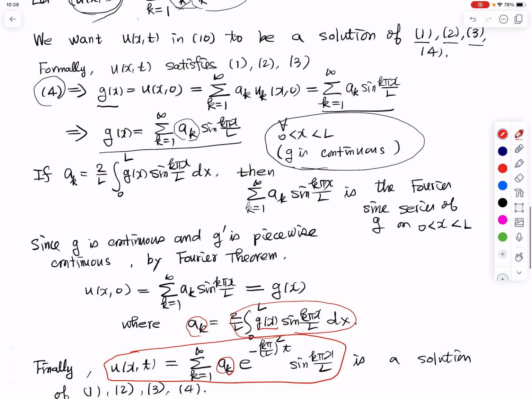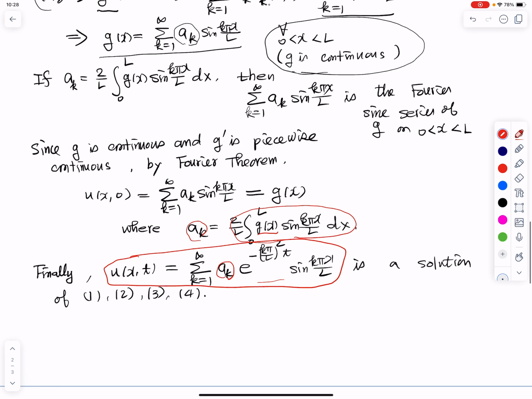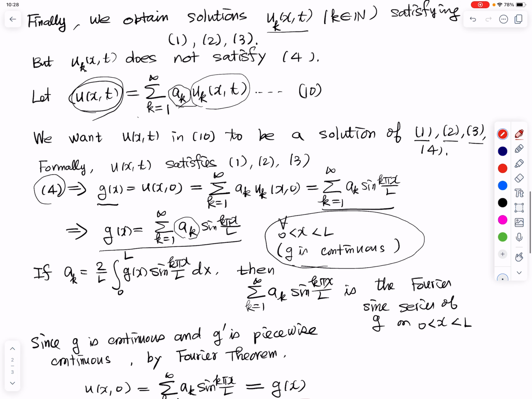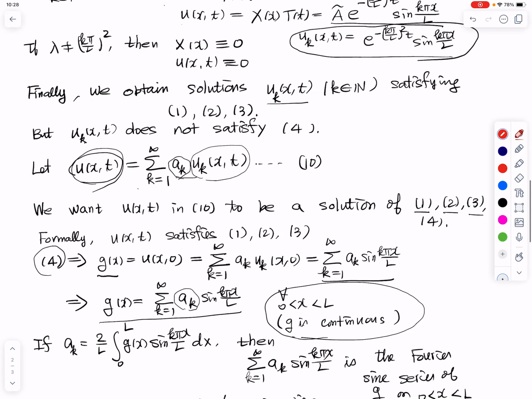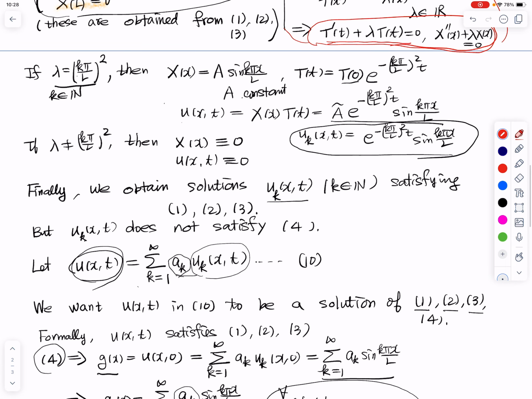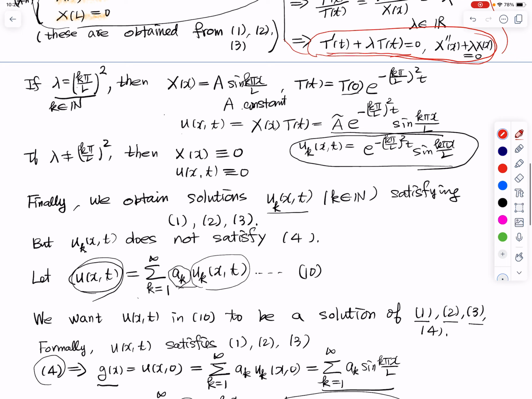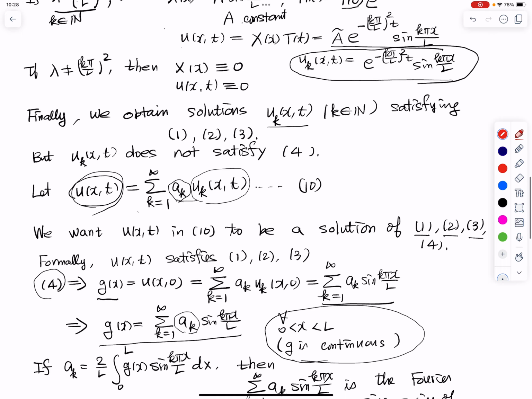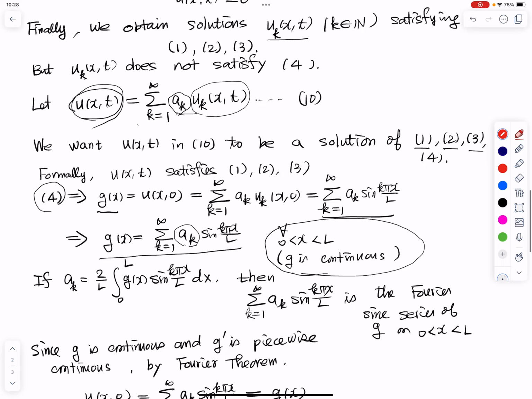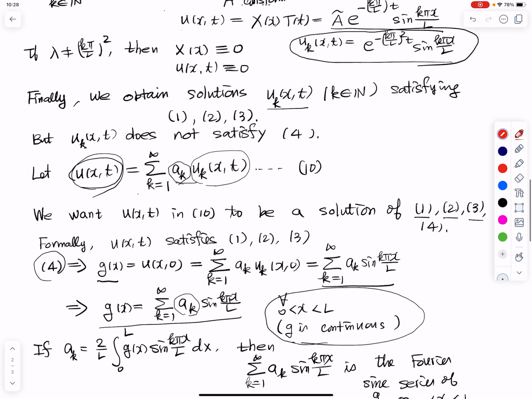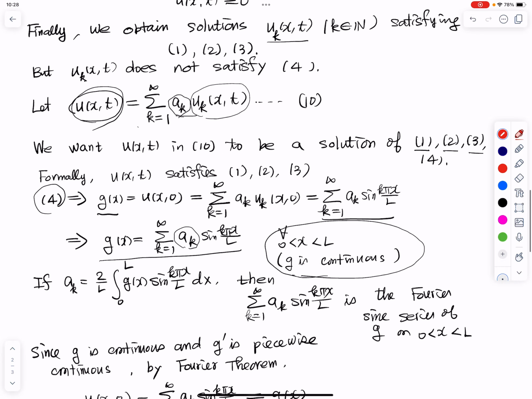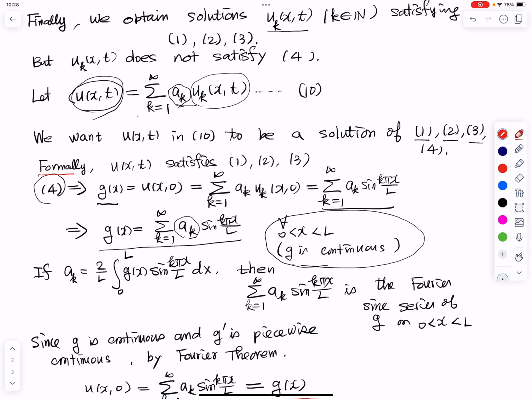Because although each u_k(x,t) satisfies equations 1, 2, 3, at the beginning, in the middle, we assume that formally this is a solution. We assume this one. Where is it? Formally, this one satisfies 1, 2, 3.